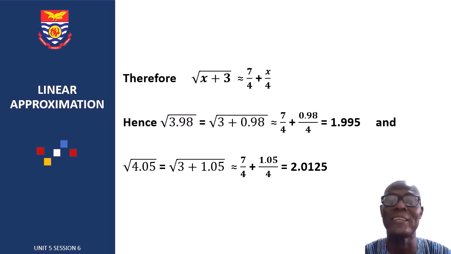And wherever there is x, we put 1.05, and hence 7/4 + 1.05/4. And again, since the denominators are the same, we add the numerators, which gives 8.05. Then we divide it by 4, which results in 2.0125.